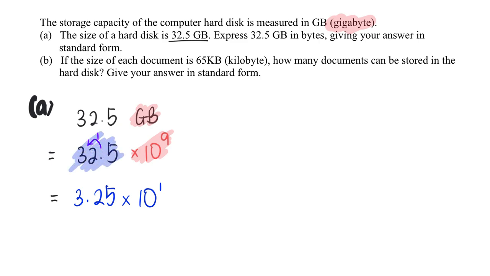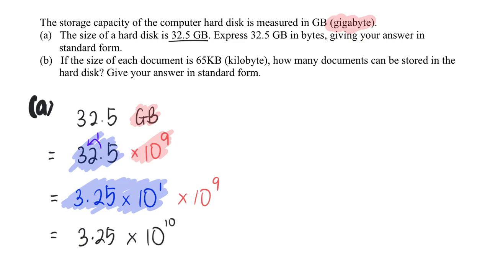So the blue color with the blue color, I still have my times 10 to the power of 9. And finally, 3.25 times 10 power 10, because when I multiply bases with the same base, the power, I add them up. So that's for part A.